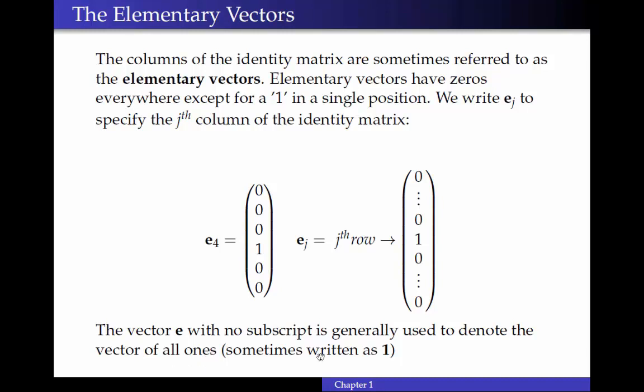There are some resources that write that as a bold number 1, but it's unconventional to use numbers as variables to represent a vector. So in general, most sources should use the boldfaced letter e to denote the vector of all ones.